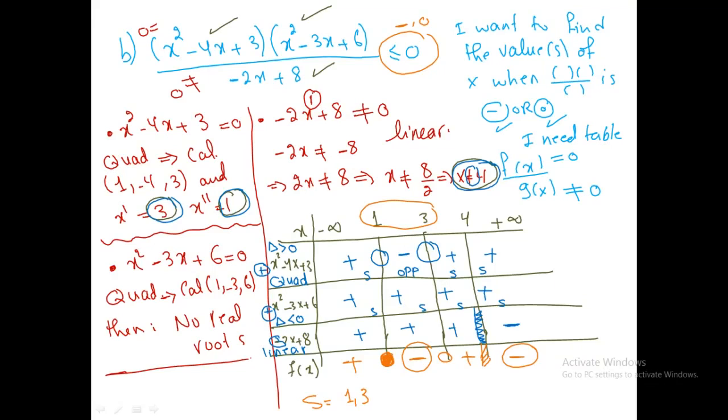At 3 we have 0. I fill it in color to make it easy for you, because I have or equal to, a closed interval, included. So we will put at 1 and 3 a closed interval.